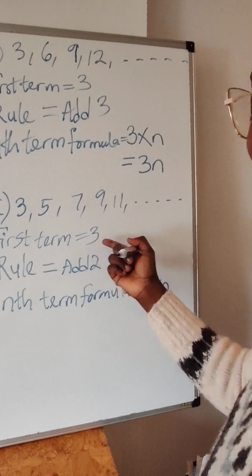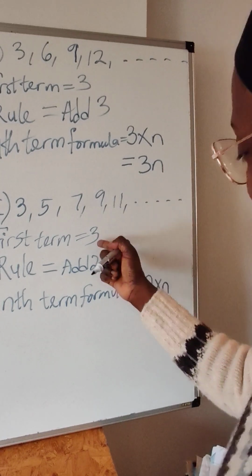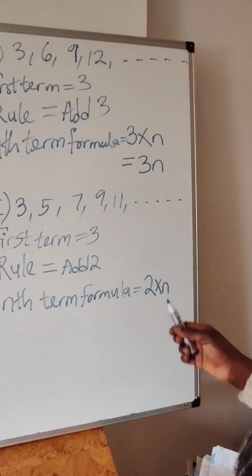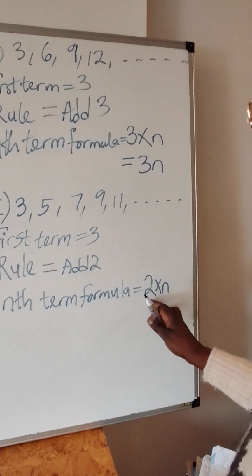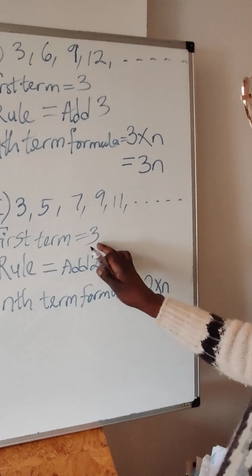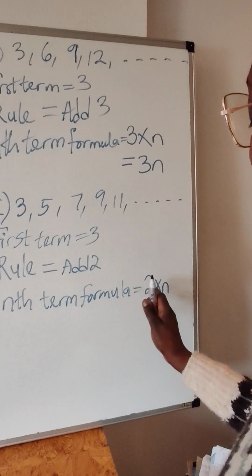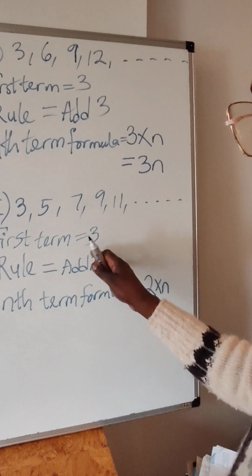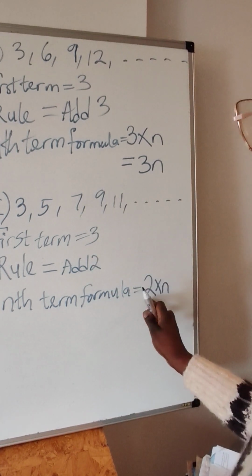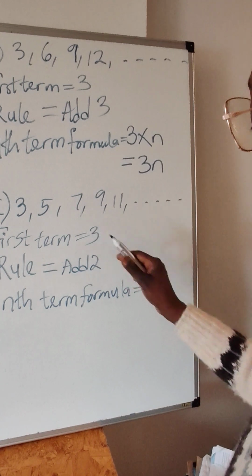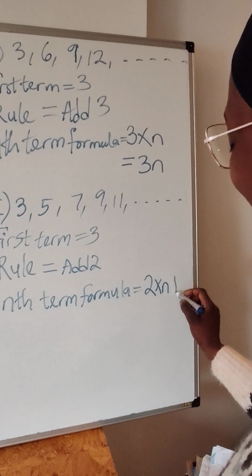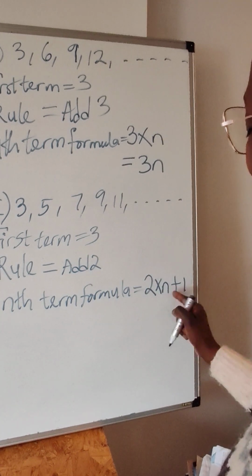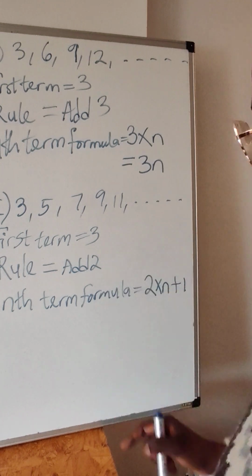We are going to add 1 to 2 to get 3. Since the rule is less than the first term, we're going to get the difference between them. What are we going to do to the rule to be able to get the first term? In this case, we add 1. When you add 1 to 2, you get 3.